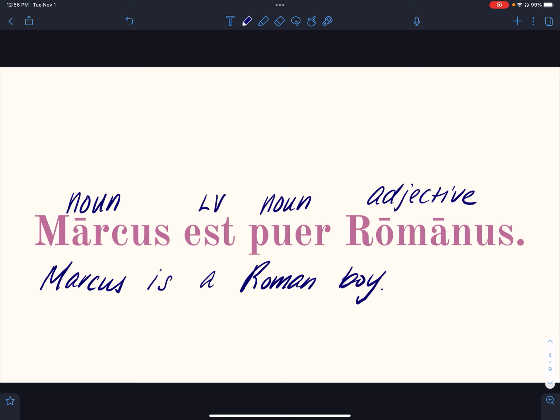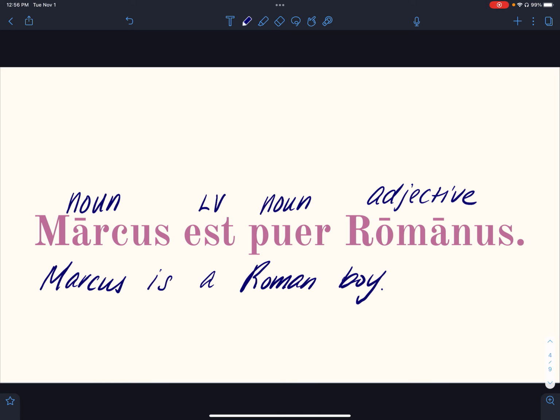Okay, now, can someone describe the relationship between Romanus and puer? Describe the relationship using the jargon, the specialized words we just learned. Monty?